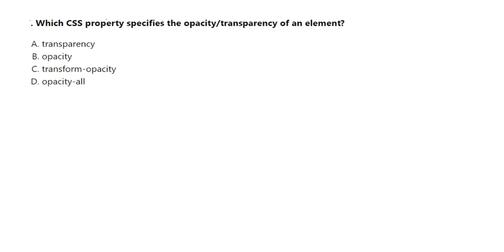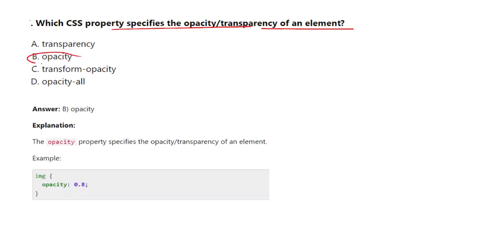Next is: which CSS property specifies the opacity, the transparency of an element? So for transparency you can use opacity. If you want to increase or decrease the opacity of your element, of your paragraph, or any text you have used in your website, you can use opacity and give it some value like 0.8, 1.2, 2.9, whatever the highest or lowest value you want.